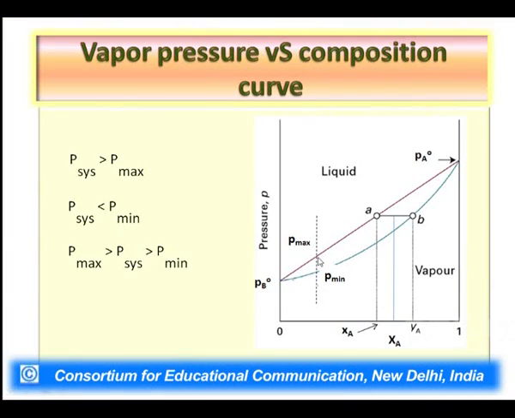Why is this so? Because this P min point lies on the vaporous curve, and the vaporous curve is the curve which represents the condition of pressure and composition at which two phases are in equilibrium, both the liquid and the vapor. And when you further raise the pressure on the system, it reaches the P max value. Now this is the maximum pressure at which the two phases can be in equilibrium at this same overall composition.